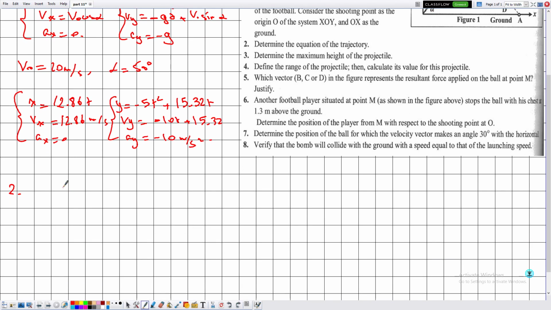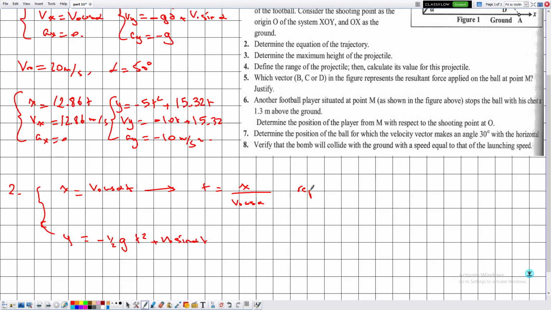So we say that x is equal to v0 cosine alpha t, which means that t is equal to x divided by v0 cosine alpha, and we know that y is equal to minus half g t square plus v0 sine alpha t.